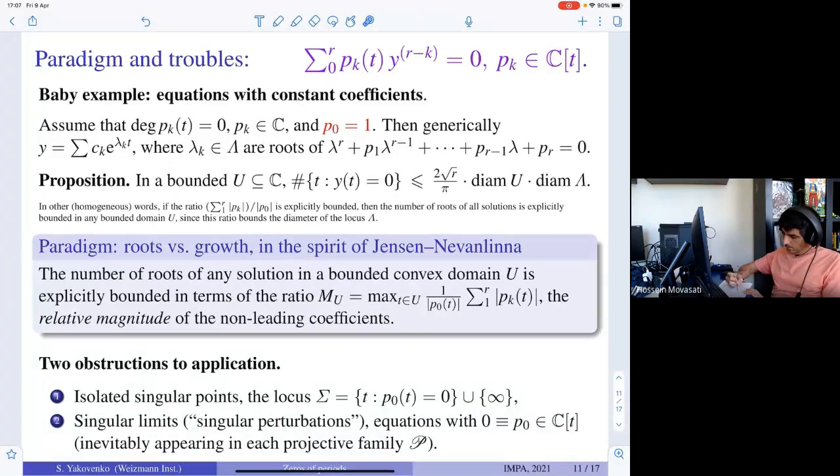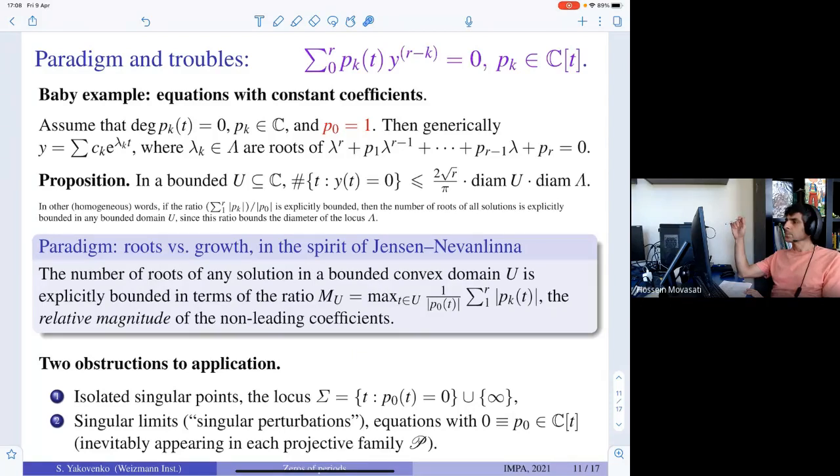So you see that here we instantly have a linear space of solutions, because solutions of every equation form a linear space, and we are asking for the uniform bound over zeros of all such solutions. And of course, what you start from is the equation with constant coefficients. So we have a polynomial in one scalar variable, lambda, and you assume that the polynomials have degree 0. That's their constants.